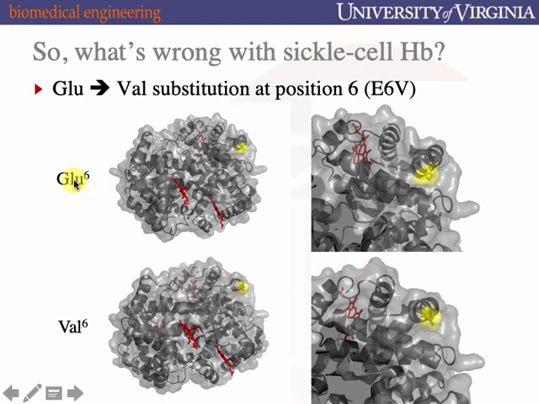Glutamate 6 is right here in yellow, I'm highlighting one of the beta chains of hemoglobin. And we can zoom in and see it's one of those side chains that's decorating the exterior of the beta chain of hemoglobin. Now let's take that and turn that glutamate into a valine.